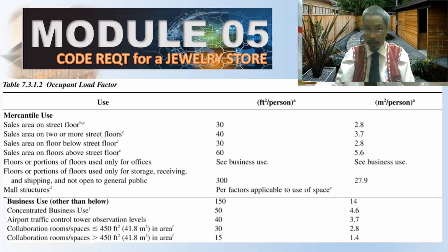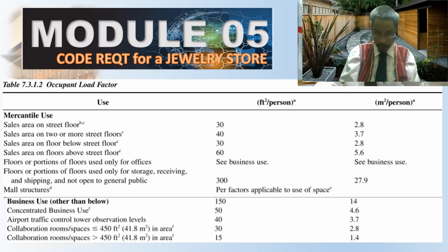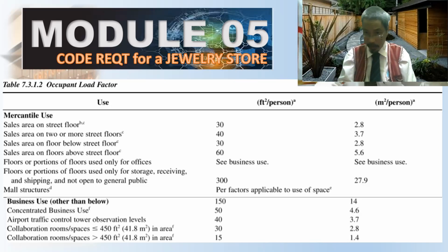On the floor at the same level as the street, we have only 2.8 because they can easily get out of the area. That's why it is even denser; 2.8 is just 50% of 5.6.